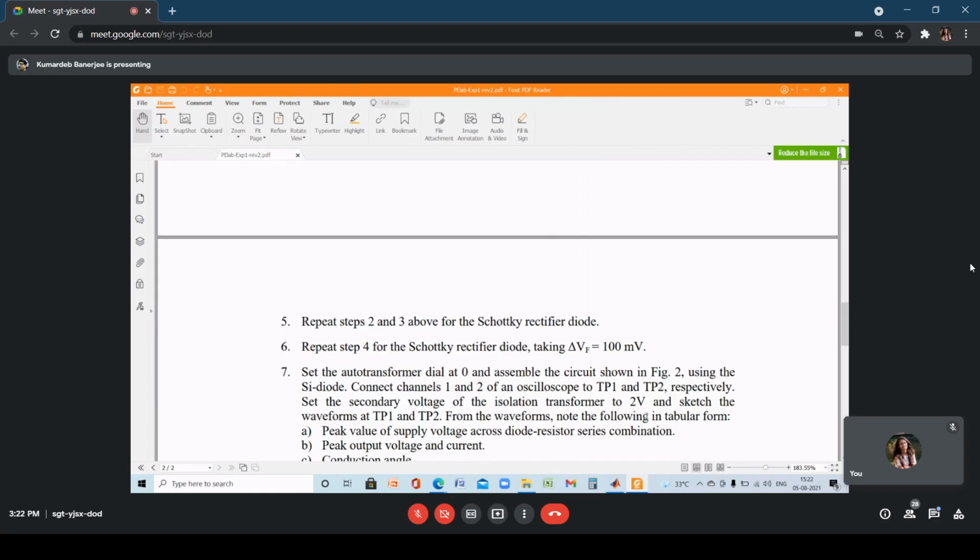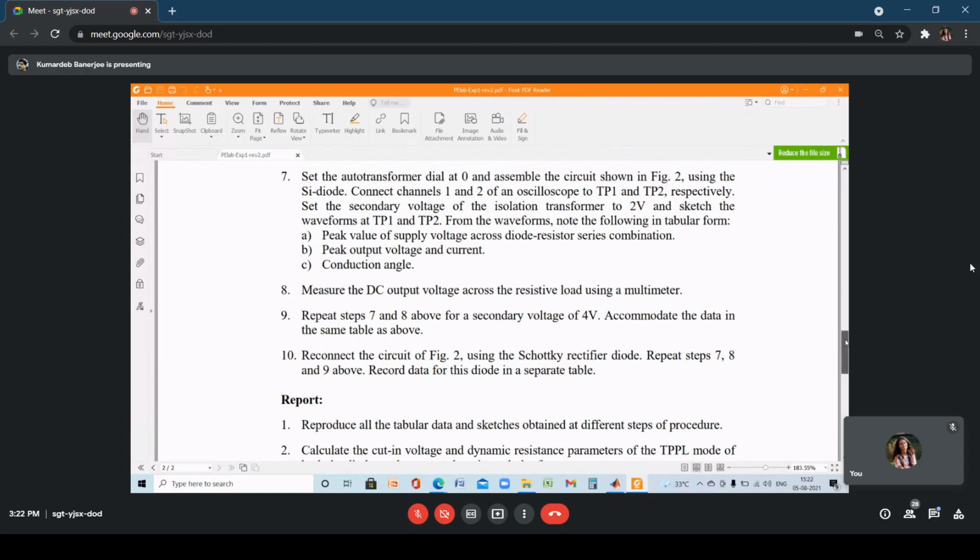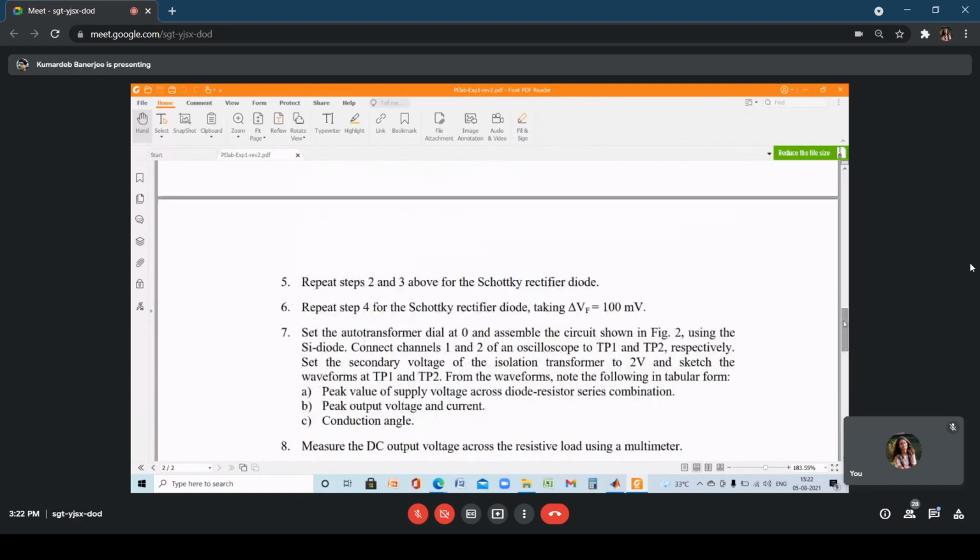And just a few lines below this, you're once again required to find all these values for a secondary voltage of 4 volt. So for two different values, you have to find the peak output voltage, the peak load voltage, the load current, and the conduction angle. So obviously two queries come to our mind. Why do we take two such different values?